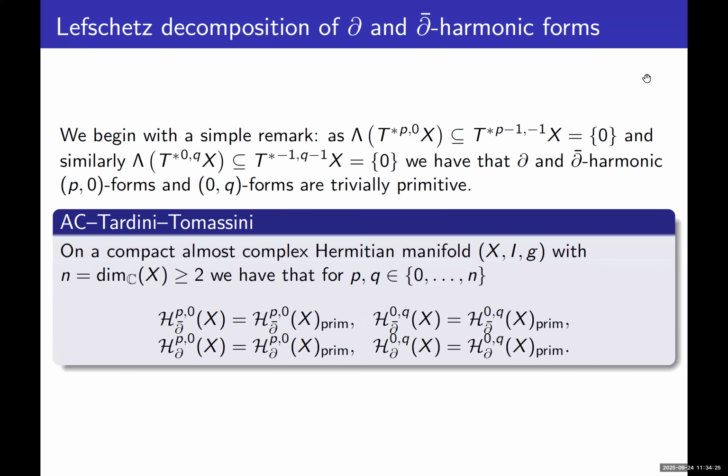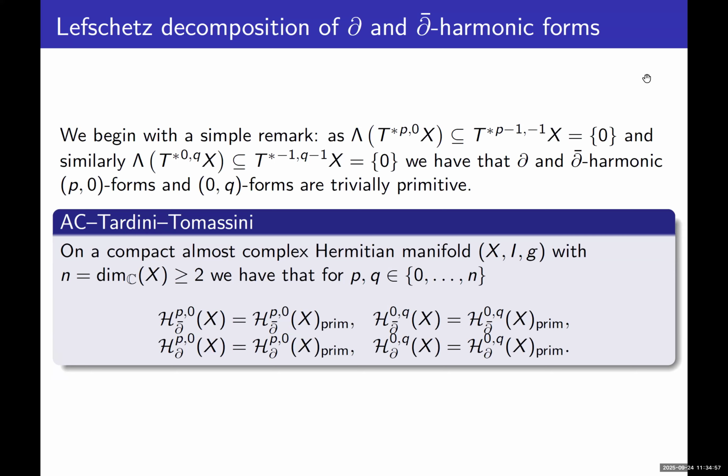And here we come more specifically to our work. The simplest remark we can make is that if we look at (p,0) forms, then since when we apply lambda to a (p,0) form, we should end with a (p-1,-1) form, and there are none of them, every (p,0) form is actually primitive, and the same holds for (0,q) forms.